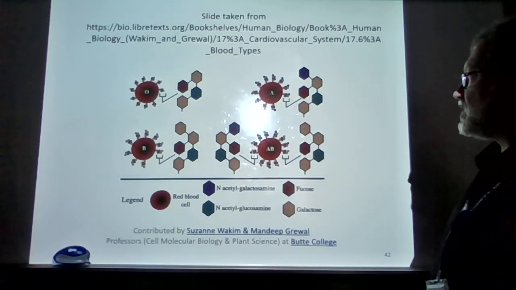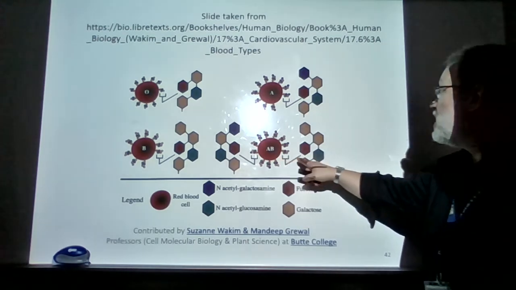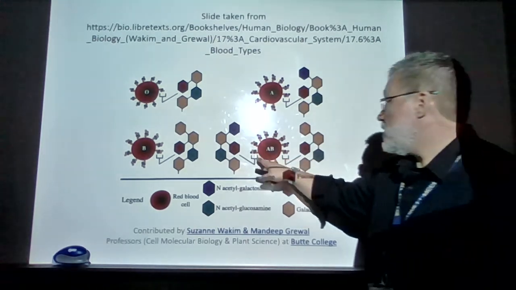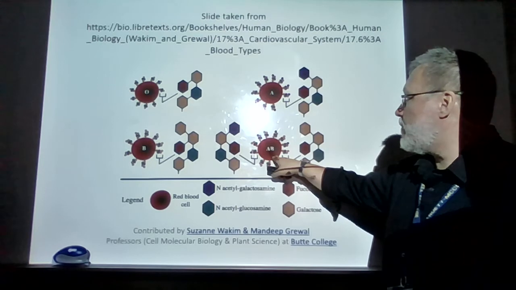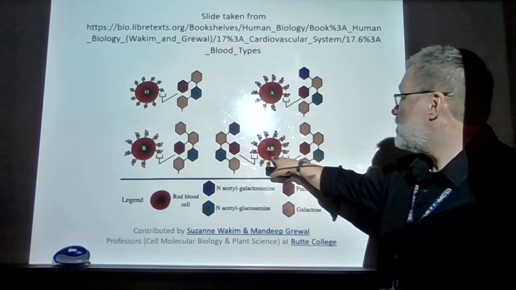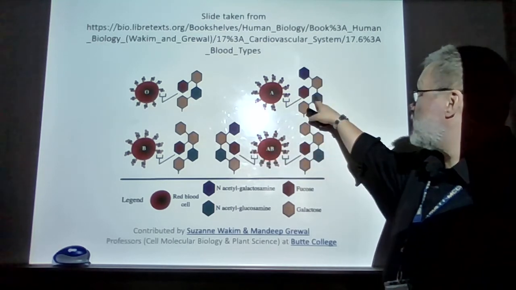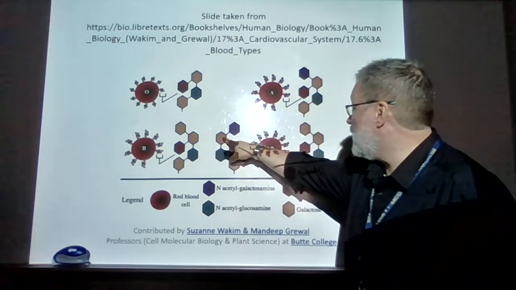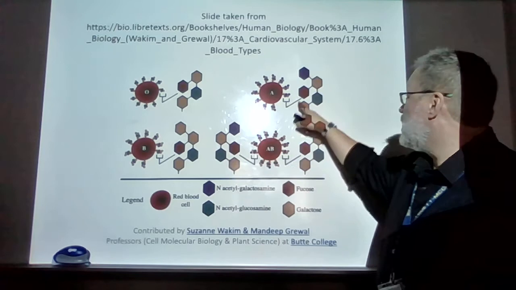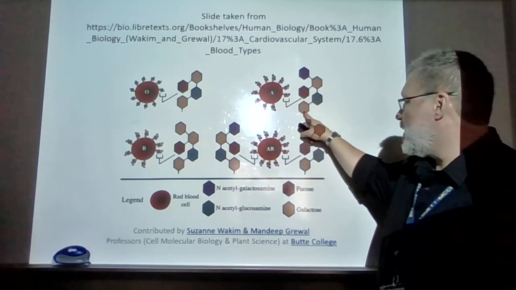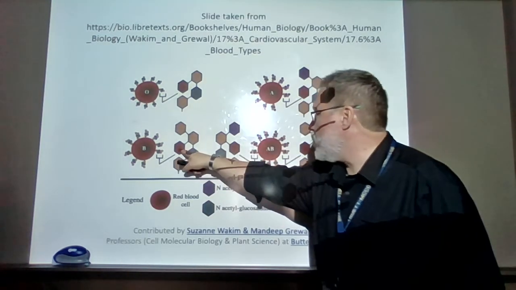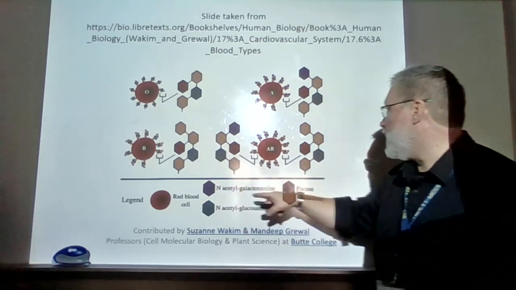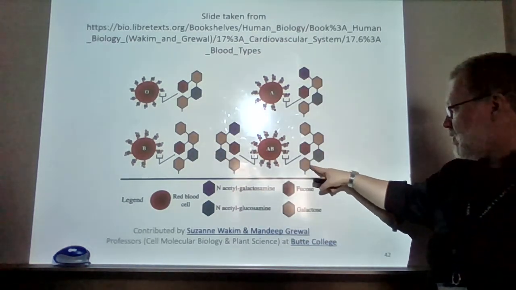AB types. So the AB type has both A components. So here is similar to there. Connected to the red, yellow, blue, green, yellow. And the B type, red, yellow, yellow, green, yellow.